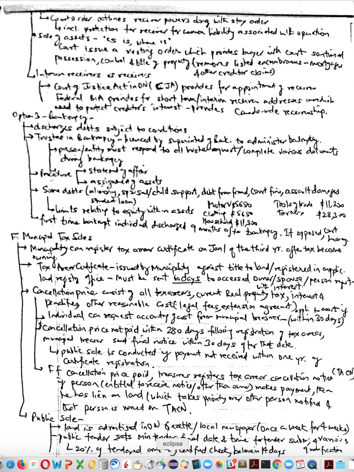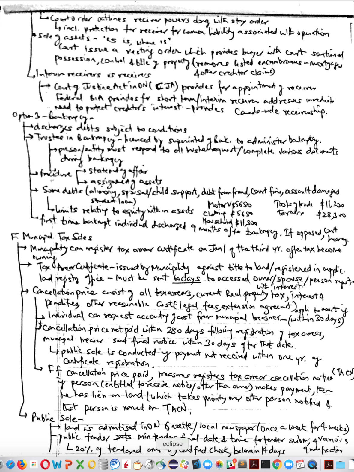Procedures for such sale of such land are governed by the Municipal Act Part 11. The municipalities can register a tax arrears certificate on January 1st of the third year after the taxes become owing. Registrants are typically not directly involved in such matters but would need some awareness.